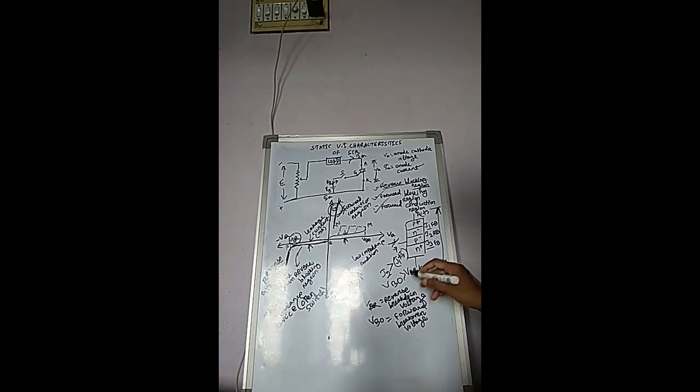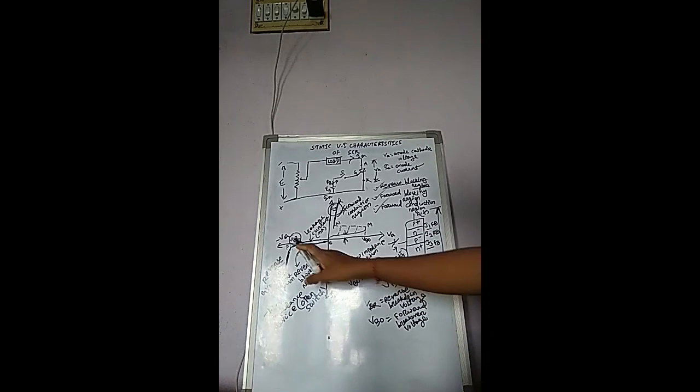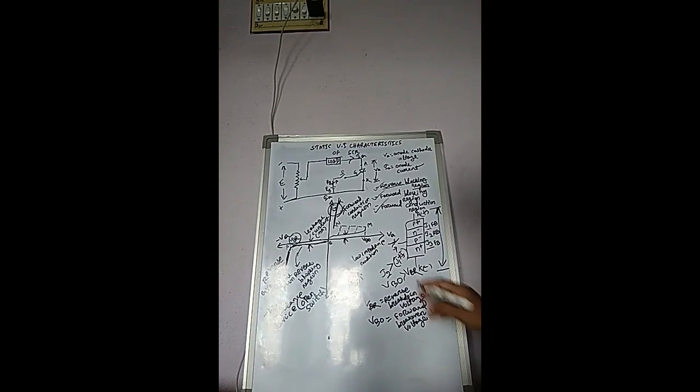The voltage required to break down in the reverse direction is the reverse breakdown voltage, that is VBR. In case of reverse mode, this junction is reverse biased, this junction is reverse biased, and the middle junction is forward biased.